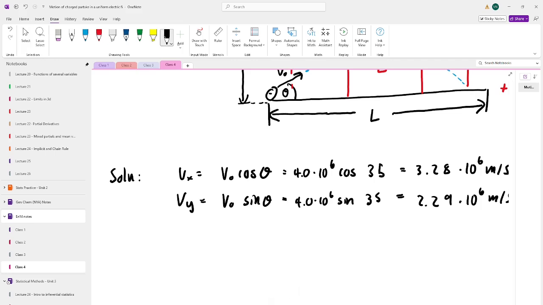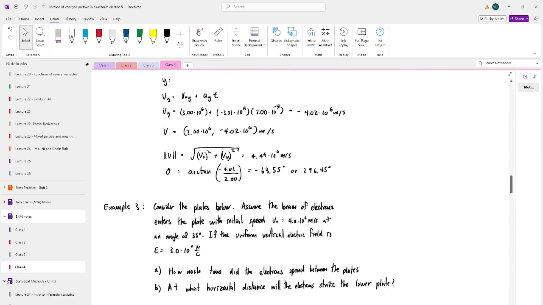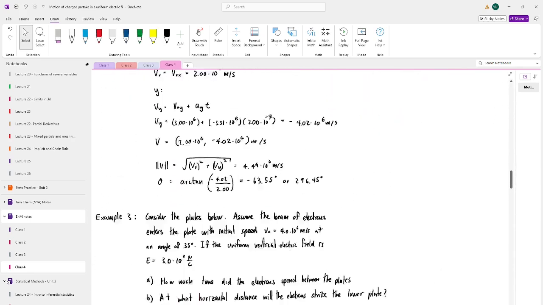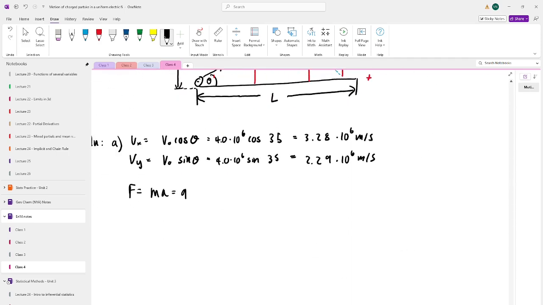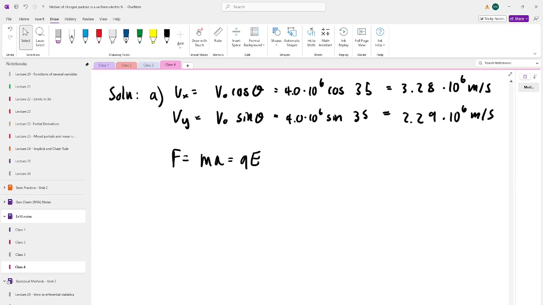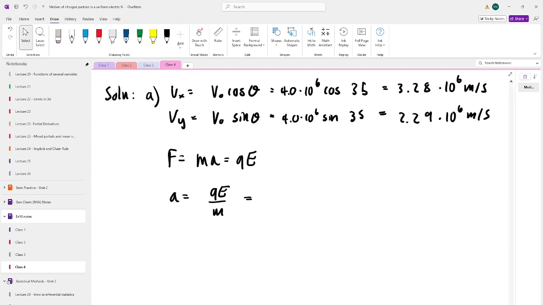So I can use the same equation that we've been using for the past few examples. F is equal to ma, which is also equal to qE. Then we can do the exact same thing where we solve for a. So that's the equation we get. And of course, we have a beam of electrons, so the charge is going to be the fundamental charge of an electron, negative 1.6 times 10 to the minus 19.